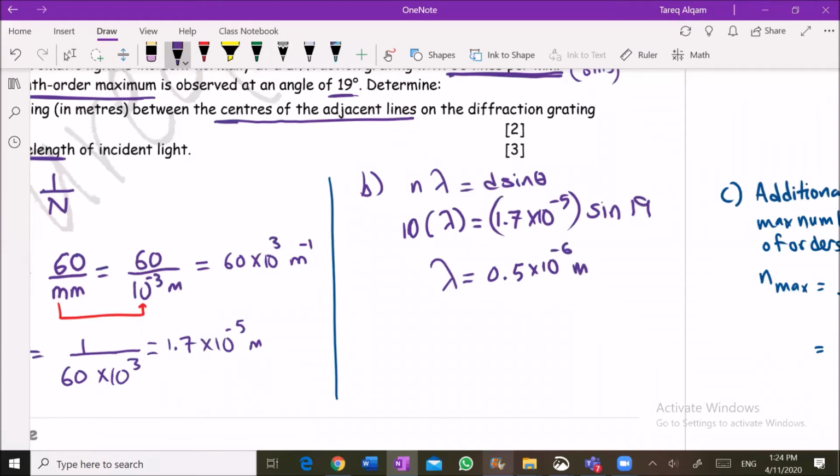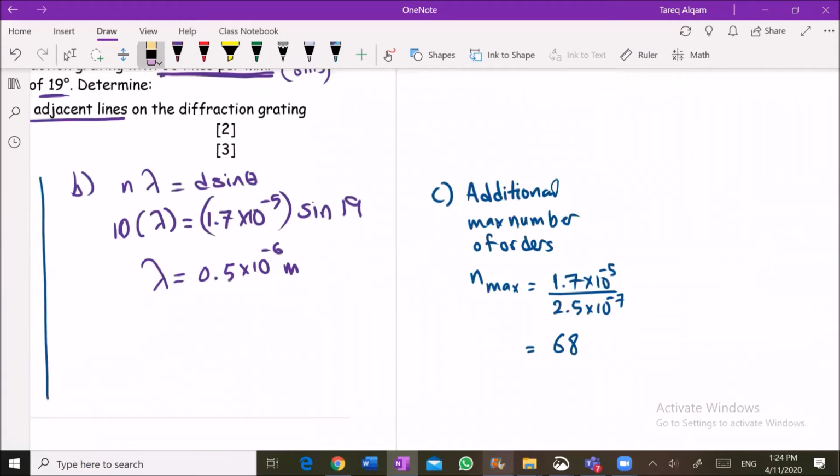Guys, here we might also be asked an additional one. We need the maximum number of orders. Pay attention to this. We are asked about the maximum number of orders. I can find it by n max equals d over lambda. I divided d by lambda.